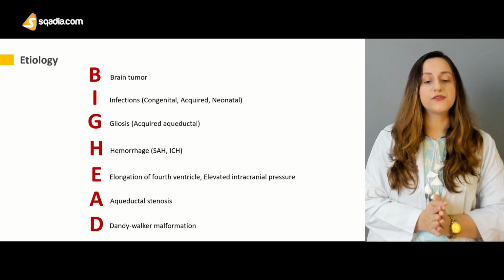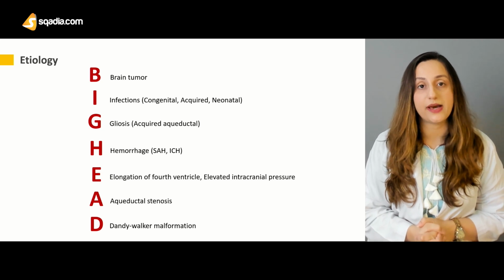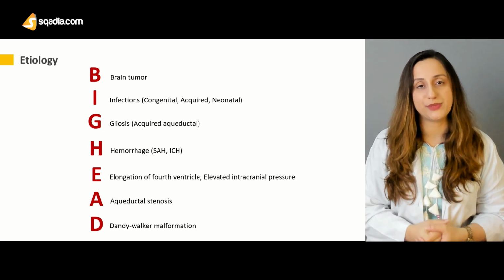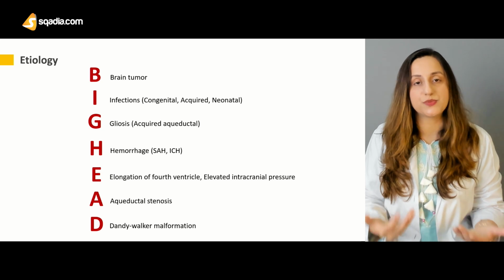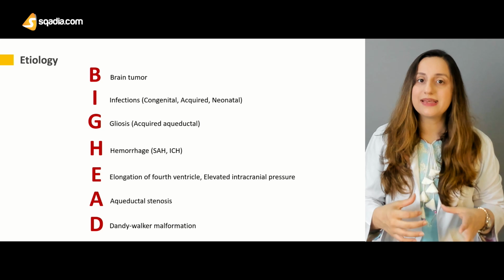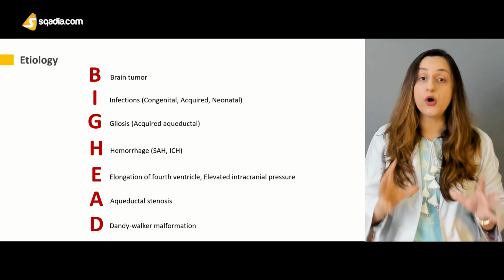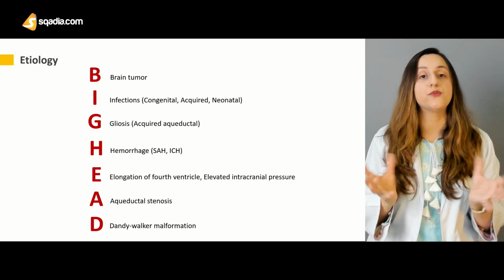Then finally, we have a very important and very notorious malformation, which is known as the Dandy-Walker malformation. It's one of the conditions which is characterized by three basic phenomena. First of all, we have an abnormality in the posterior cranial fossa development.